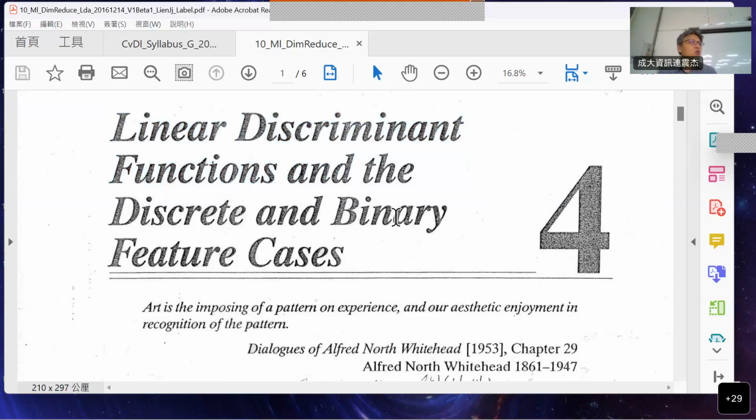Right now, the new face recognition methods use deep learning, and as far as I know, the best face recognition algorithm is from China. China is doing very well on face recognition.